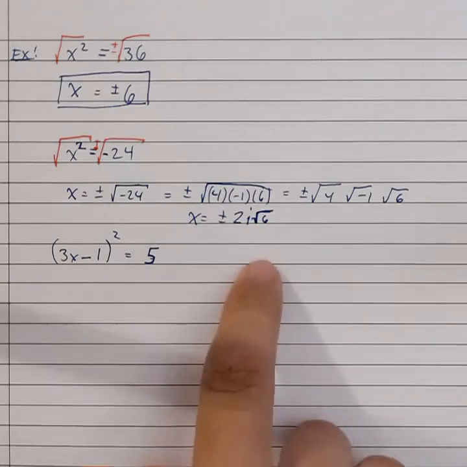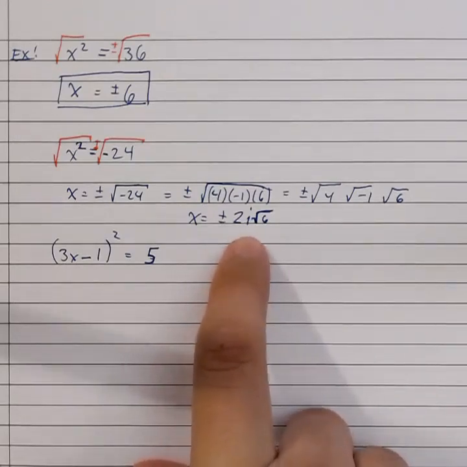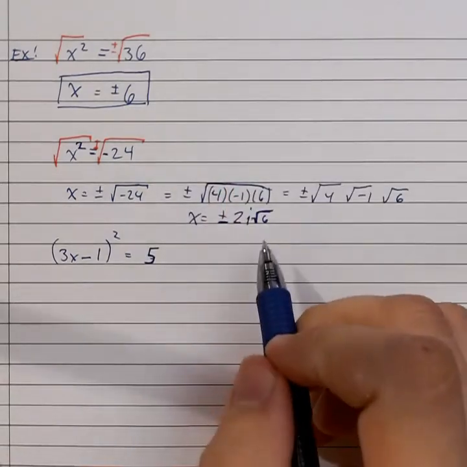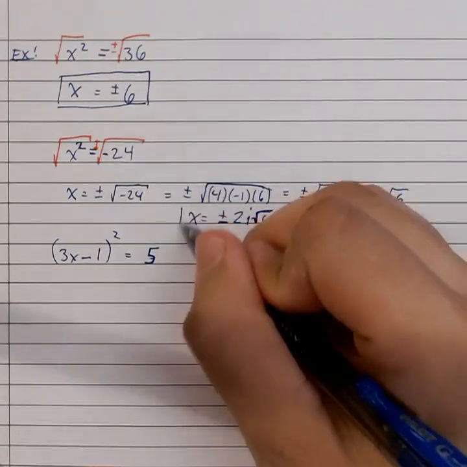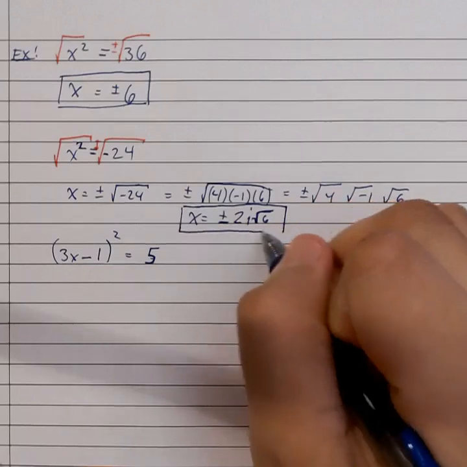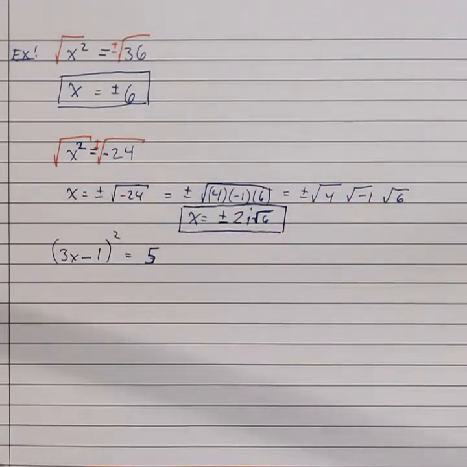And this is just like we see in section 1.3, where we can simplify out our imaginary number. And now you see why we wanted to do that first in section 1.3, to learn how that factors out. So there is our set of solutions. There's two of them, plus or minus 2i root 6. The fact that you have an imaginary number and a radical doesn't change that. You pretty much just take the square root of both sides.